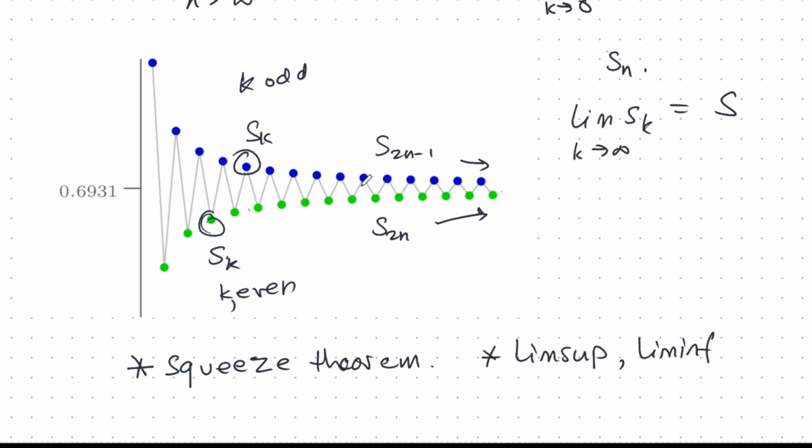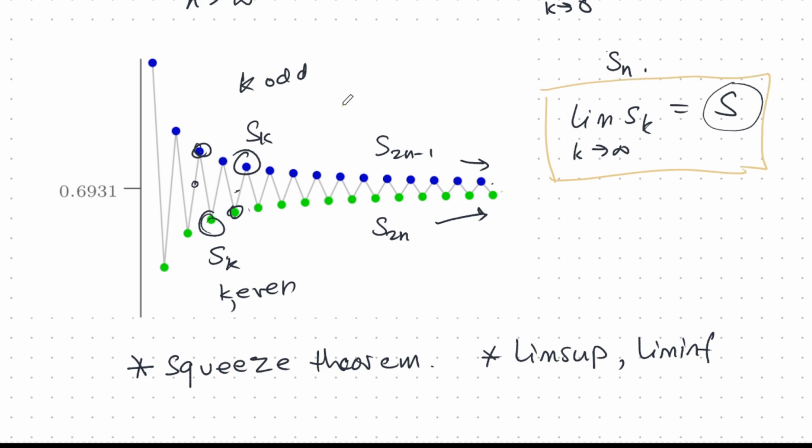But I think here we don't have S in the middle somewhere. That's not the case. It's either up or down. S_k is either up or down, depending on whether k is even or odd. Both of them tend to the same limit, S, and so therefore this must be true.